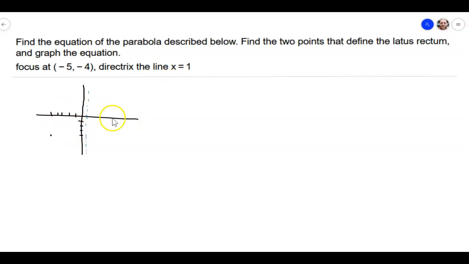So this lets us know a few things here. Well, we know that the vertex is halfway between the focus and the directrix. So it's going to be right here. It's going to have the same y value, but we're going to find the midpoint of those two x values to find the vertex.